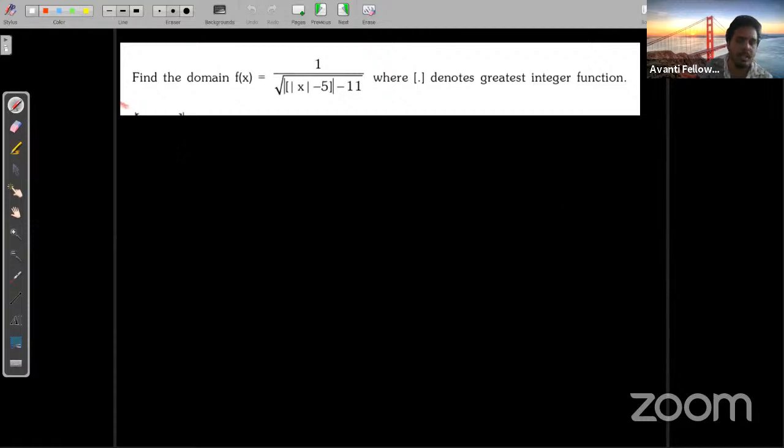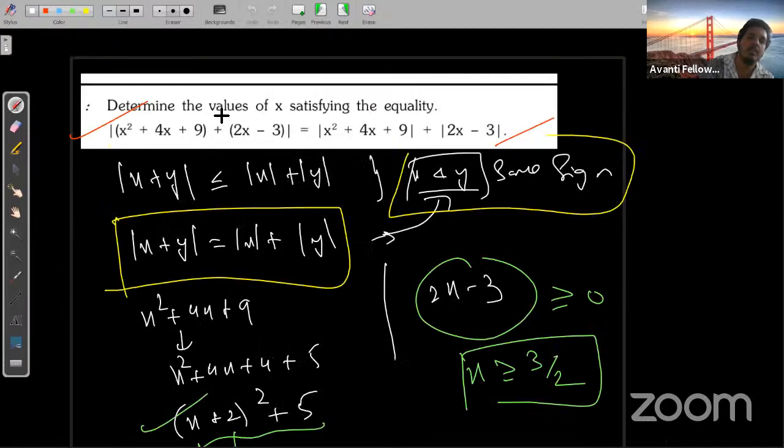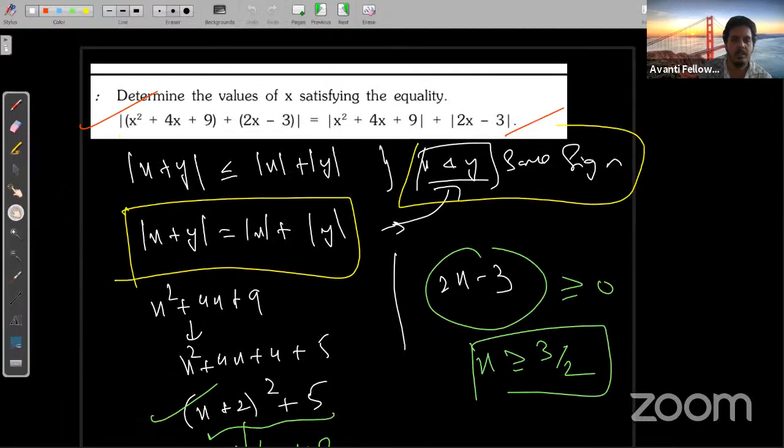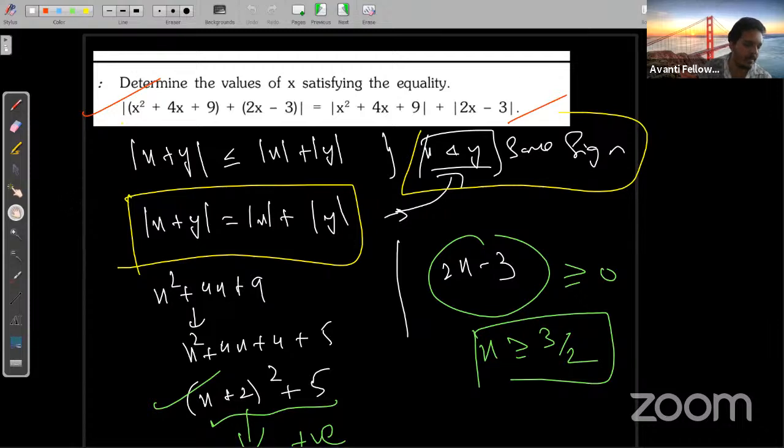How to solve this question? Tell me. He's asking what is the domain of this one, right? Domain means what? What are the various possibilities of x? Modulus of x plus y is equal to mod x plus mod y only when both are of the same sign.